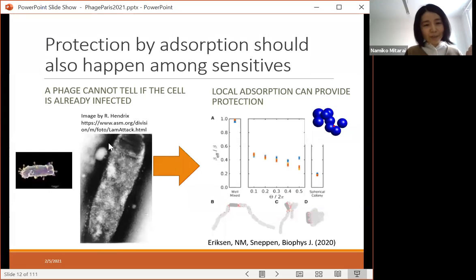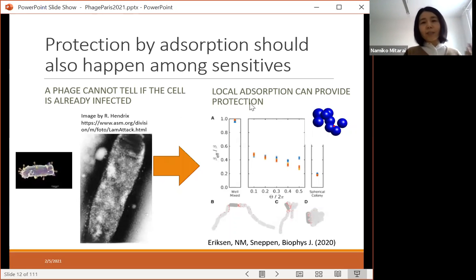In this black and white picture, each white dot is a phage. So this poor bacterium is completely covered by phage. Phage cannot tell if the cell is already infected or not, so one cell can actually absorb a lot of phages.